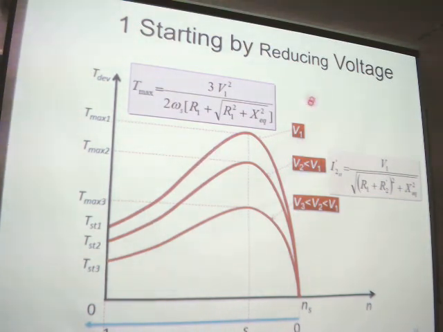So this reducing voltage method is not a very good method. But for small load torques, we can use it, because this is a simple method.